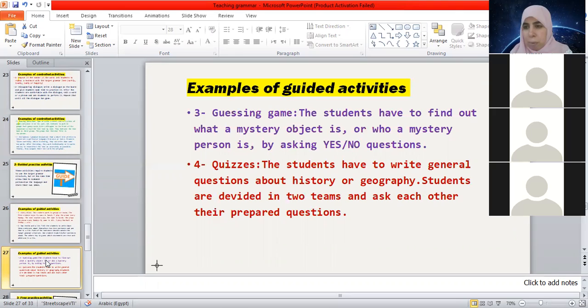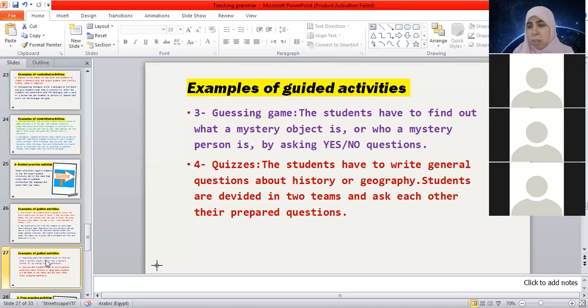It can be a job, for example, by asking yes, no questions. So you can attach a card to the board. Students can't see this card. This card has a picture of an object. It can be an animal, food item, job, transportation, a subject, whatever, okay?